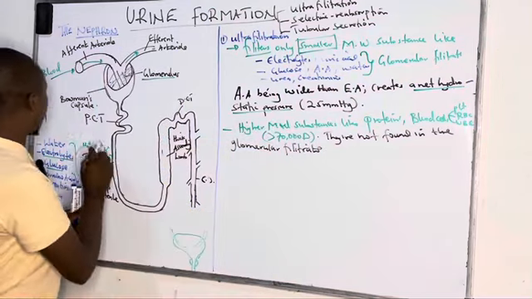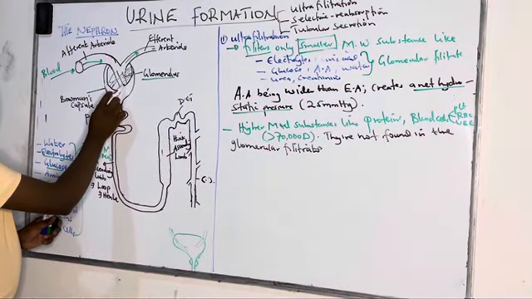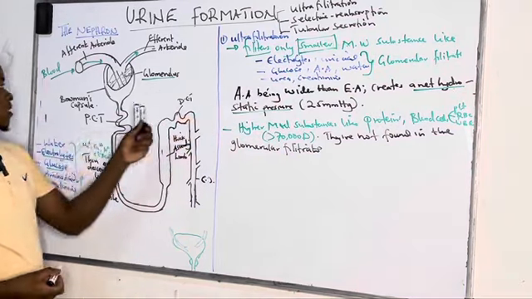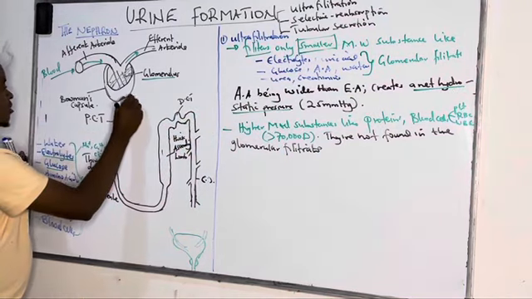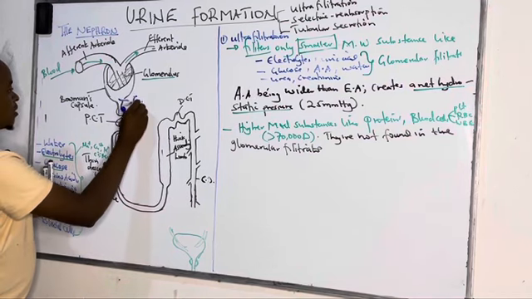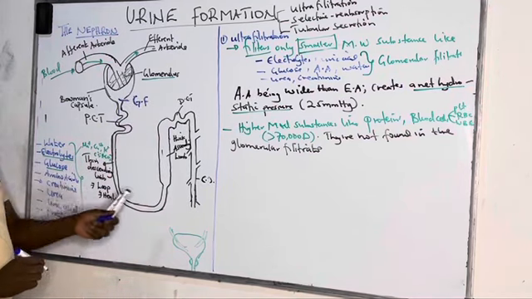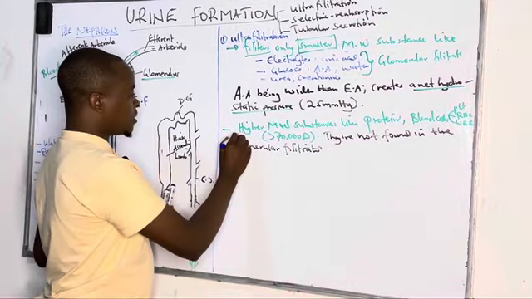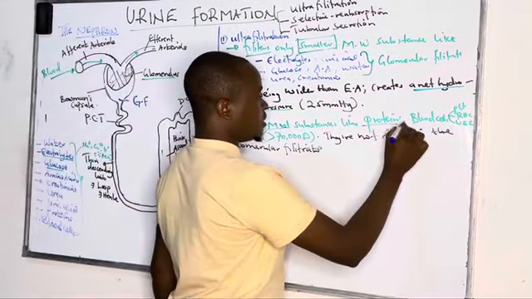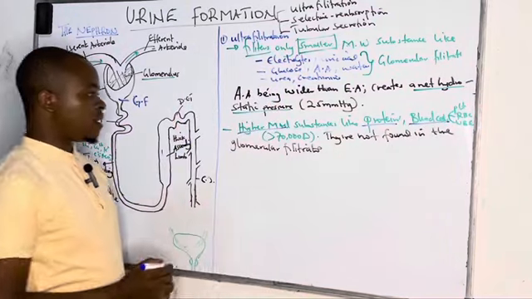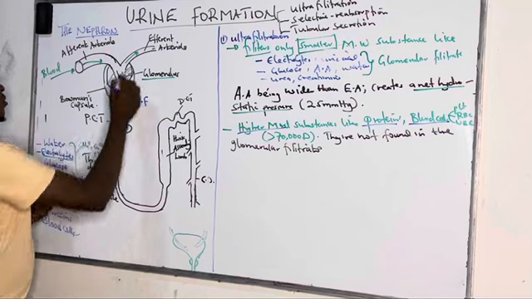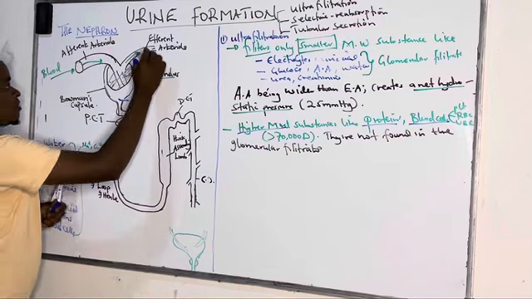So as the blood comes via the afferent, we see smaller molecular weight substances. These ones are filtered and they join what we call the glomerular filtrate. They form part of the glomerular filtrate. Whereas the higher molecular weight substances, which I have listed here, the proteins and blood cells, being large in size, are not filtered, so they continue from the afferent into the efferent.